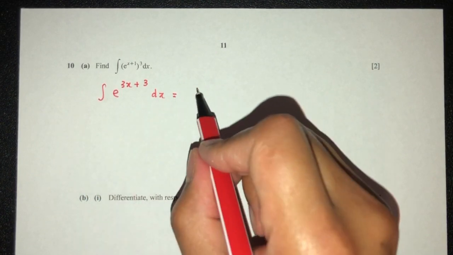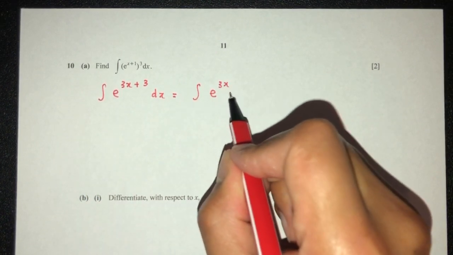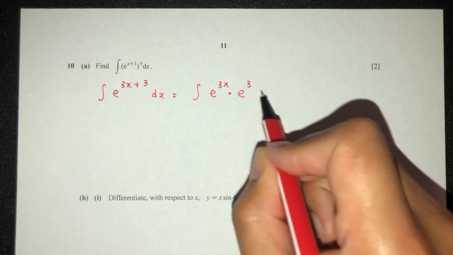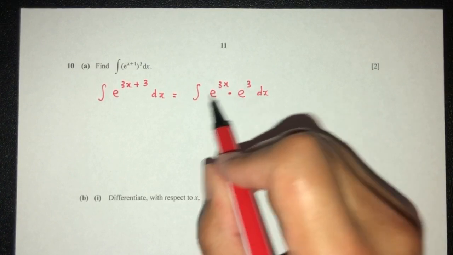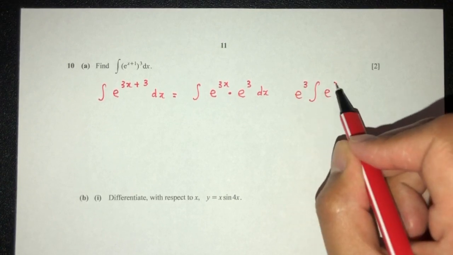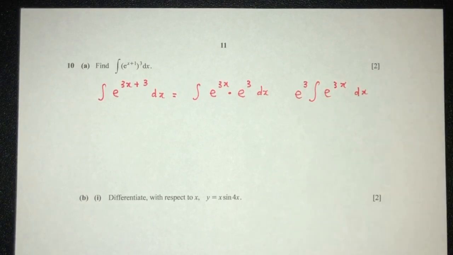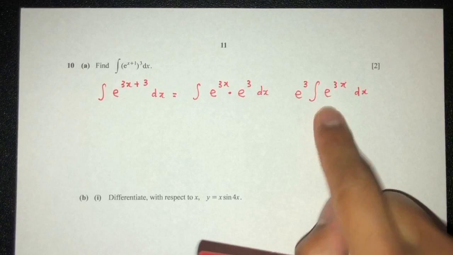For example, we can use the laws of indices. That will be e to the power 3x multiplied by e to the power 3. Now we can just take this outside. That will be e to the power 3 times the integration of this one, and that will be dx. Right. Now one by one, we can integrate this.